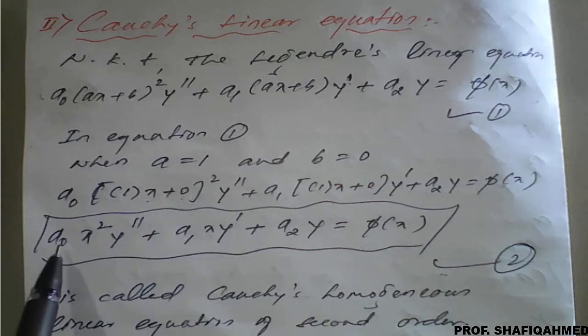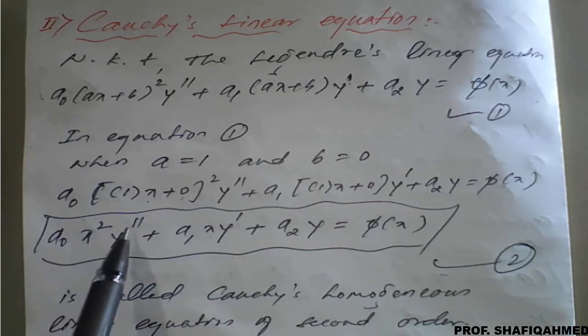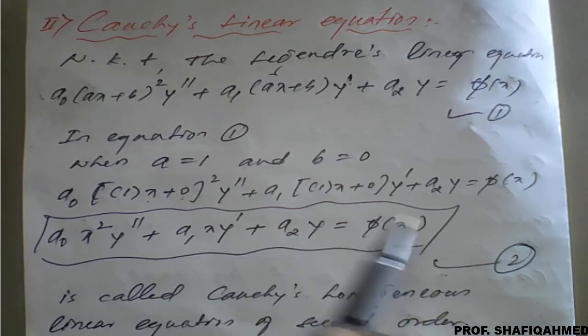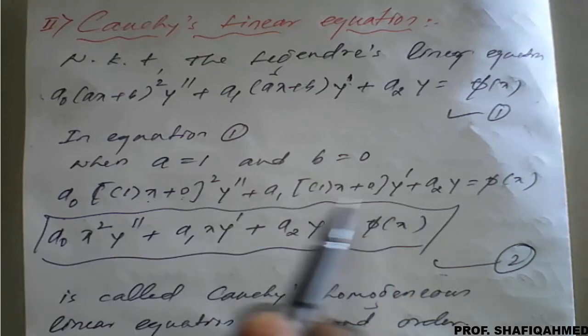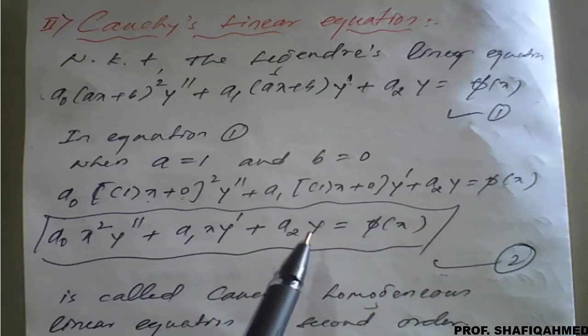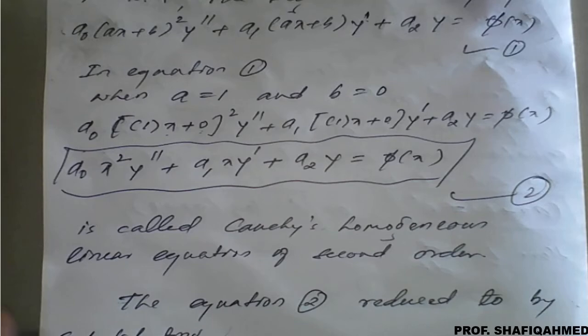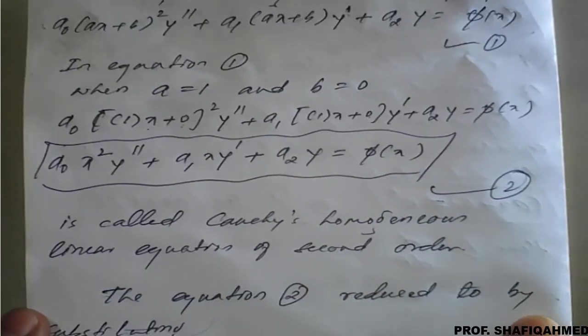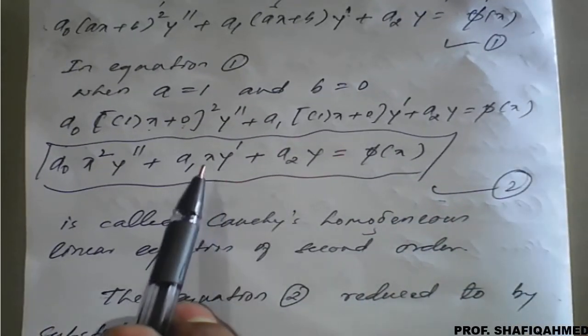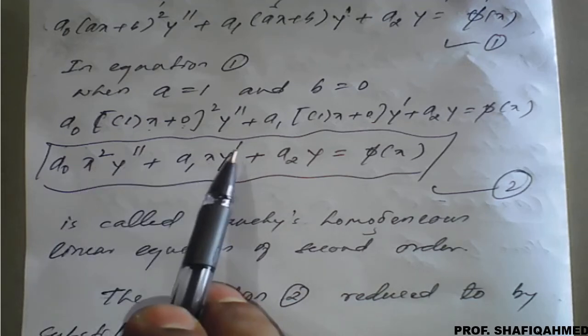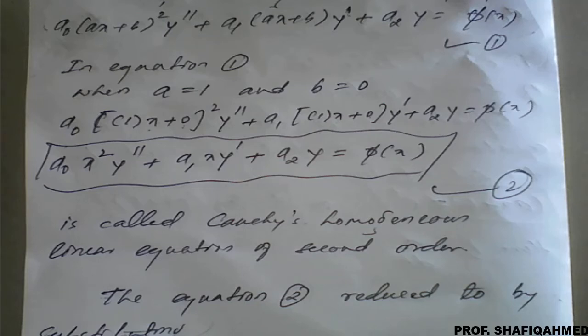On simplification we get a0 x^2 y'' + a1 x y' + a2 y = phi(x). So this expression is nothing but Cauchy's linear equation, and here also we are going to substitute values for x y dash and x^2 y double dash. We'll see what that substitution is.